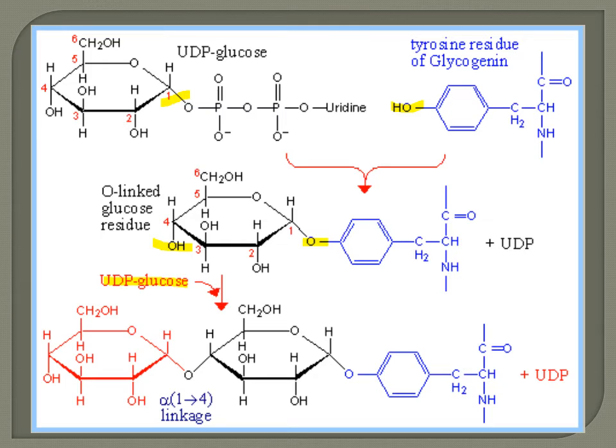This process is repeated until the glycogenin synthesizes a linear chain of around 8 glucose residues, which are all joined by alpha 1,4 linkage. Then the glycogen synthase continues the polymerization to form a chain of 10 to 12 glucose residues.